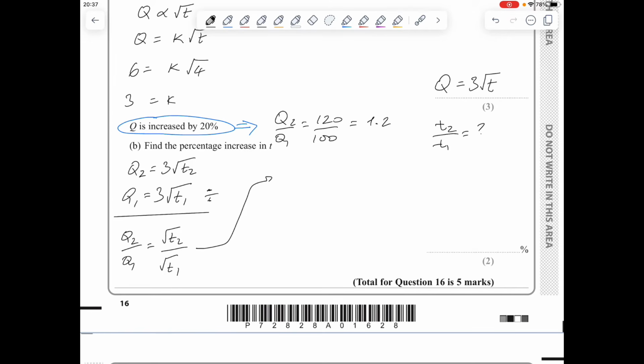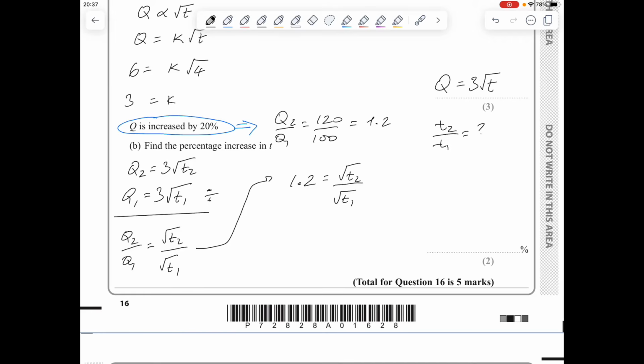Now I can replace the left-hand side with the 1.2 I found above. So 1.2 equals square root of T2 over square root of T1.